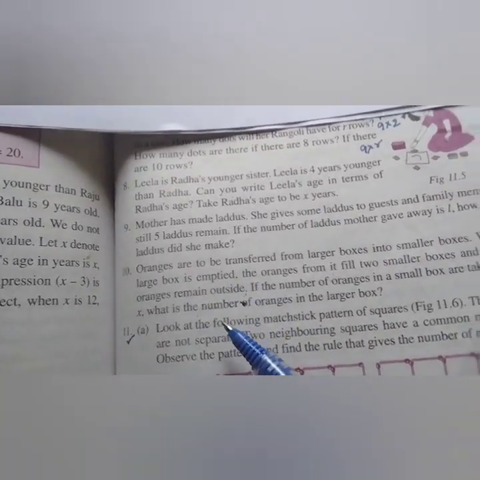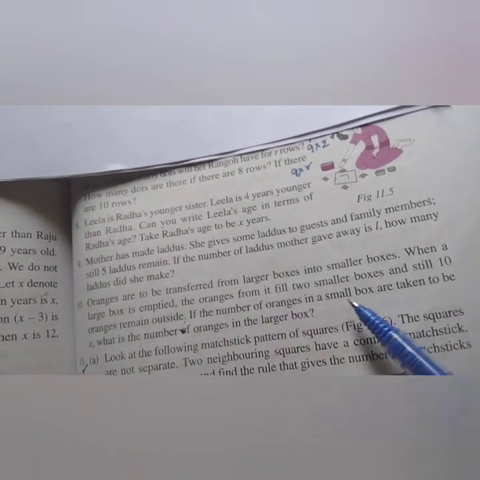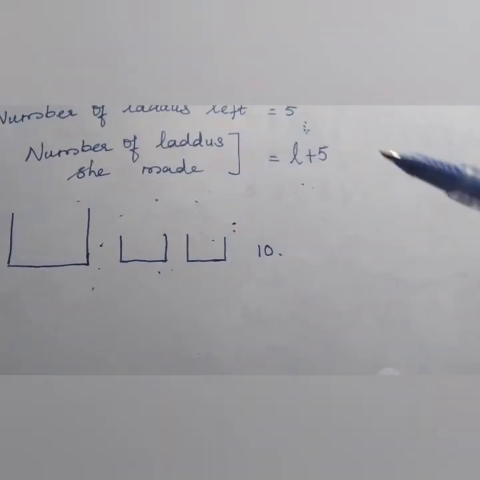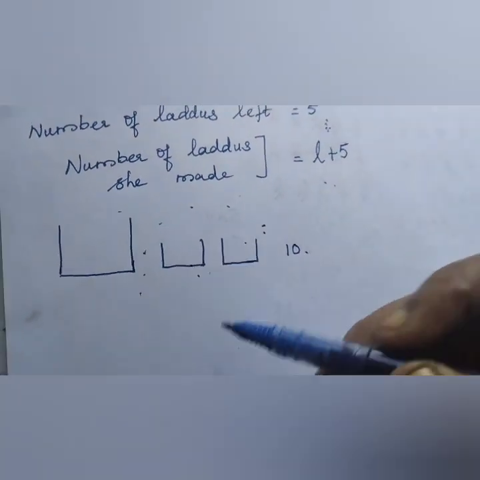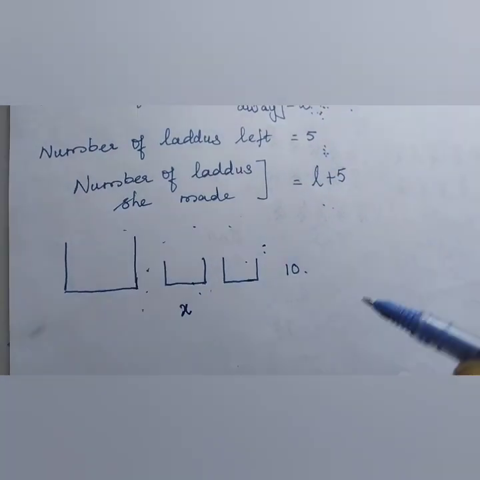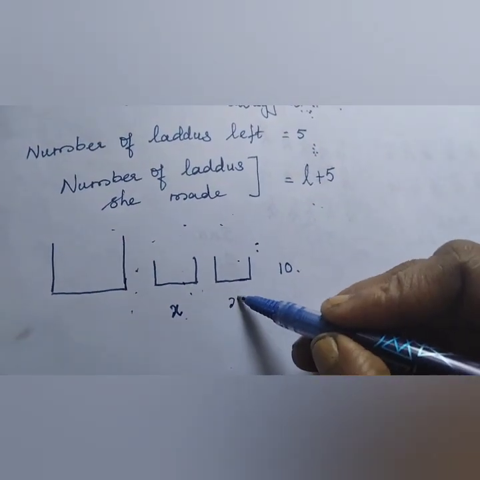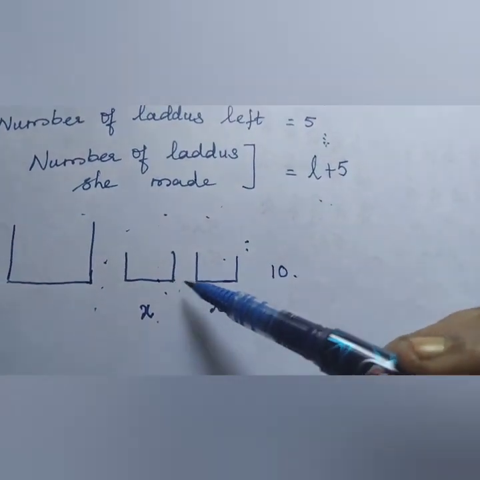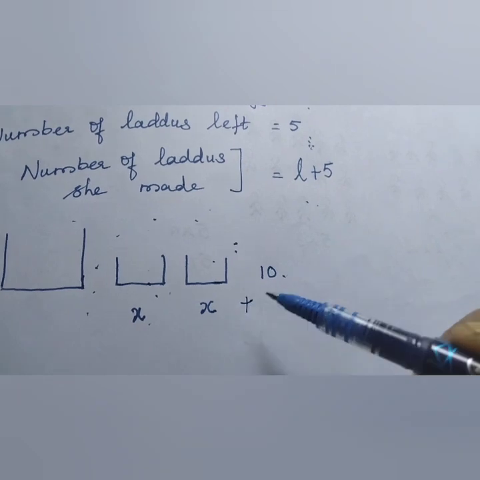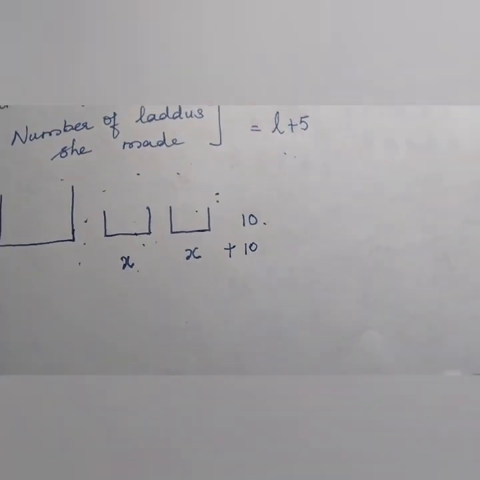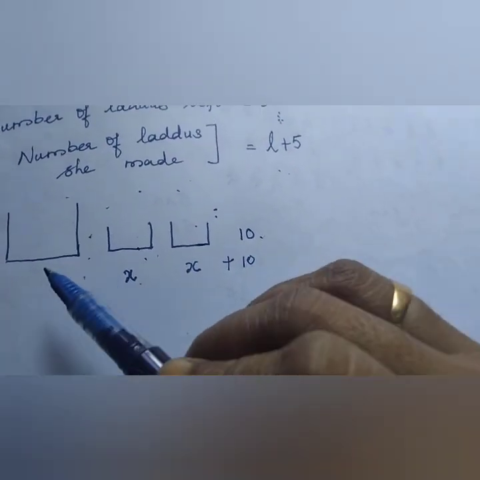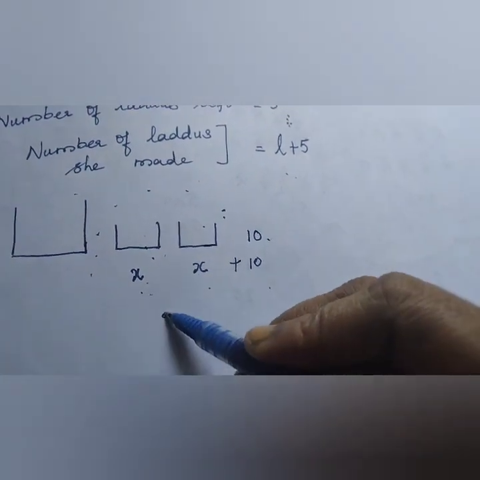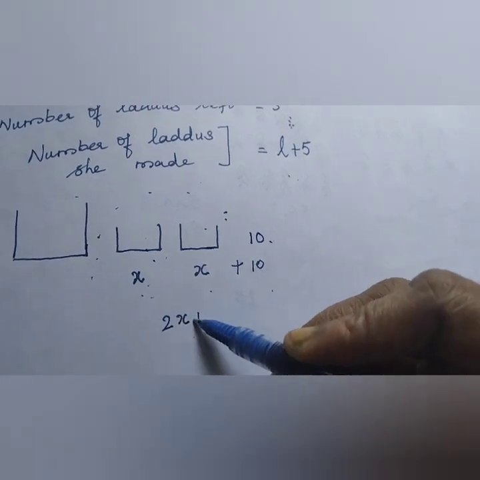In the question, it is told that the number of oranges in the small box is taken to be X. So, if this is X, this is also X. Even after filling the 2 boxes, 10 oranges are left. So, the number of oranges in the large box will be equal to this plus this plus this. That is 2 times X, the number of oranges in a small box, plus the number of oranges left out. So, 2x plus 10.